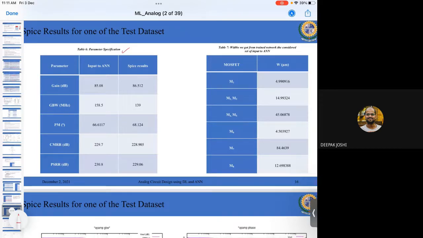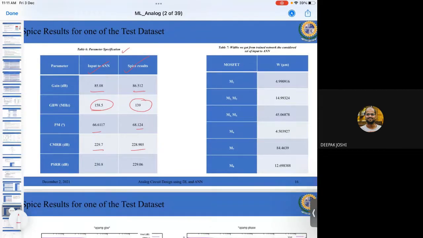This is the input to ANN, and this is the SPICE results. Some of them are in good agreement, some of them are quite far apart, but these are elementary efforts in this direction, so they can be further improved by using better models, I think.